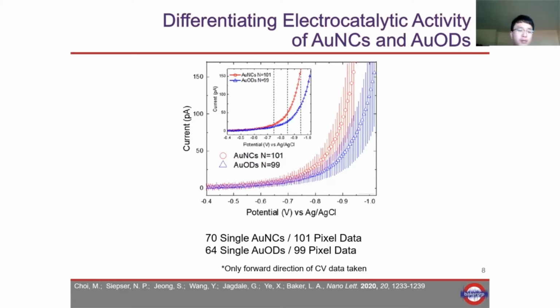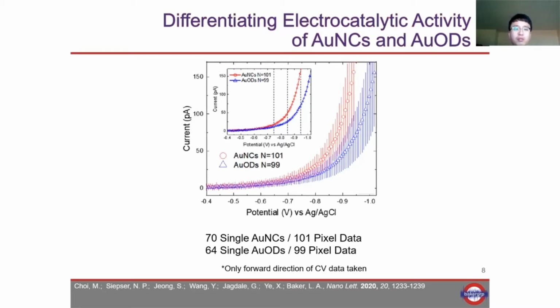As the potential becomes higher, the current magnitude of gold nanocubes increases more rapidly than that of gold octahedron, which clearly proves that gold nanocubes with facet 100 have higher electrocatalytic activity for the hydrogen evolution reaction than gold octahedrons.